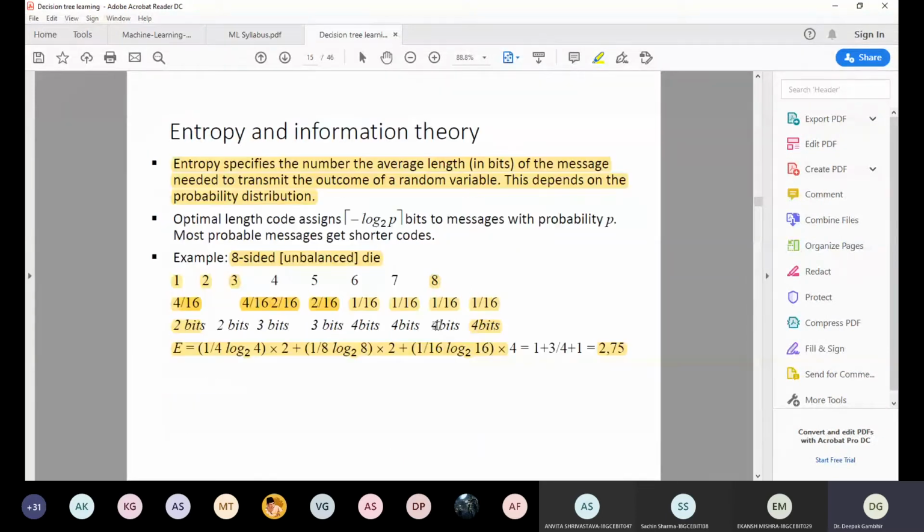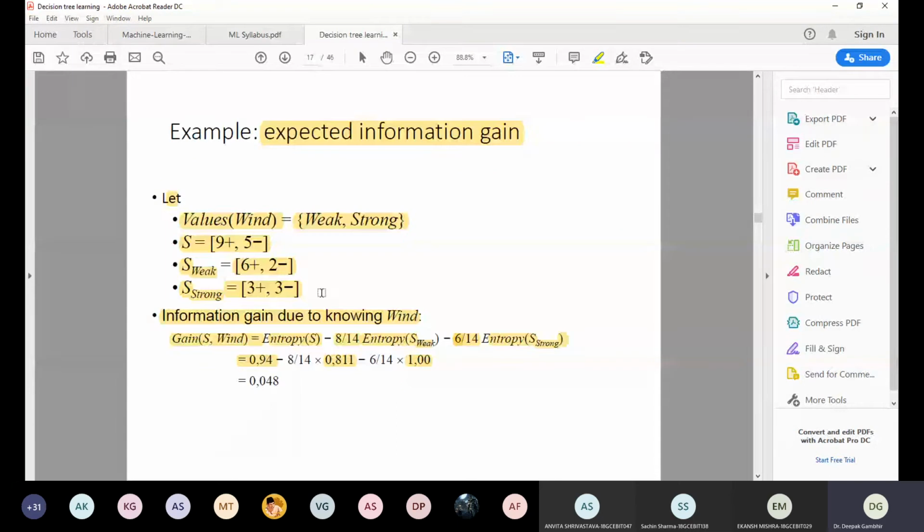This can be written directly, or if you don't know it, you can compute it as minus 3 by 6 log 3 by 6 to the base 2 minus 3 by 6 log 3 by 6 to the base 2. If you solve this, the entropy of the strong set comes out to be 1. So according to our formula, if you compute all the entropies and put them in this formula, the result is the information gain.